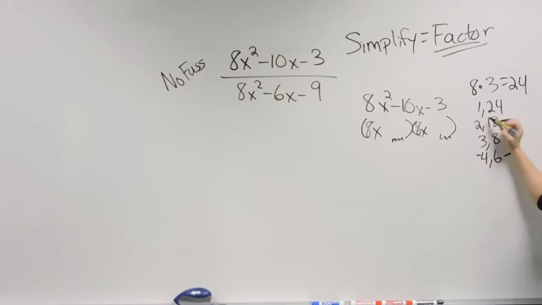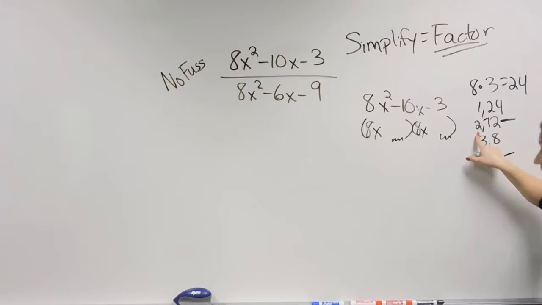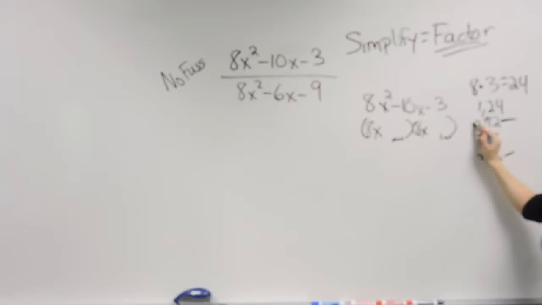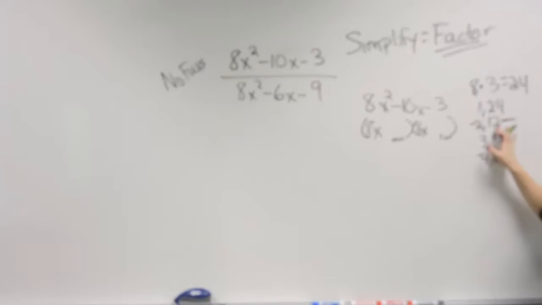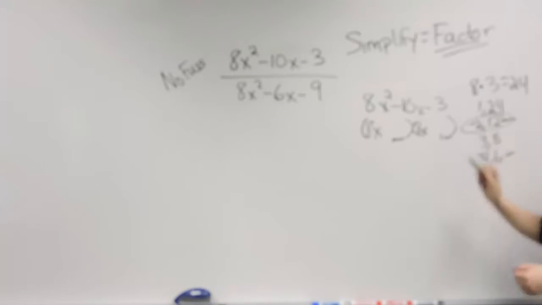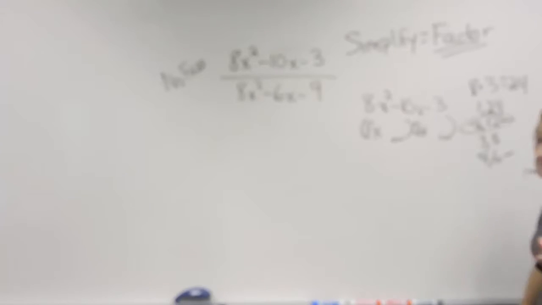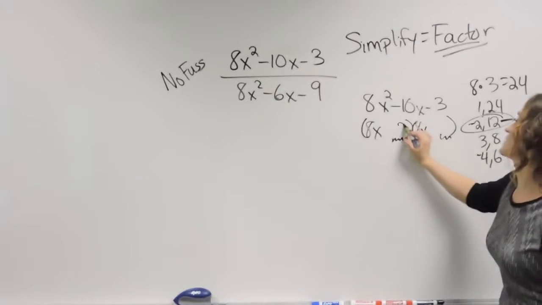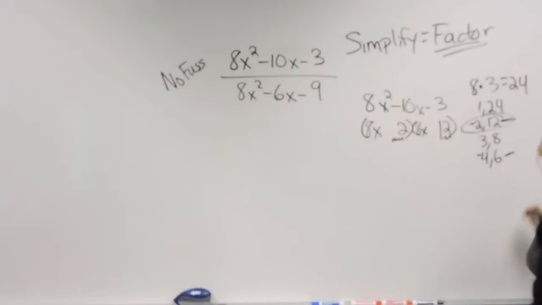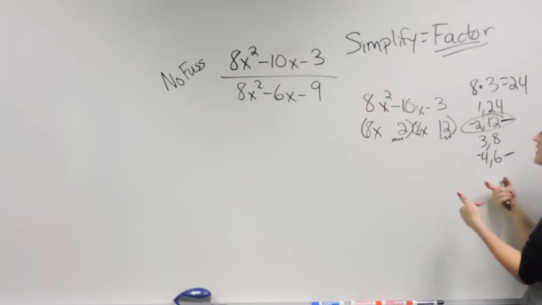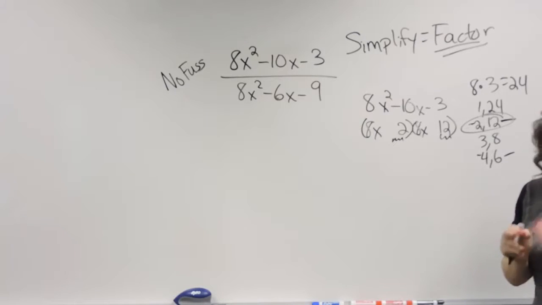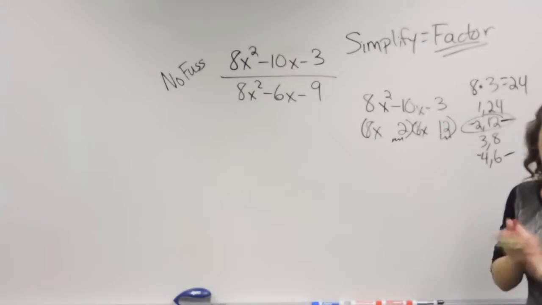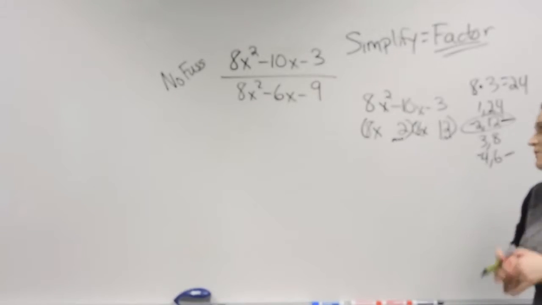But with the 2 and the 12, a negative 12 plus 2 is a negative 10, or a negative 2 plus 12 is a 10. That's going to help me out. The 2 and the 12 is the one that's going to give me a 10 here, so I'm going to use the 2 and the 12. Anytime you have more than one combination of numbers that works, you need to play around with the signs until you find that magic combination.